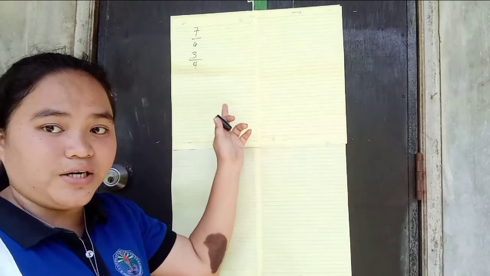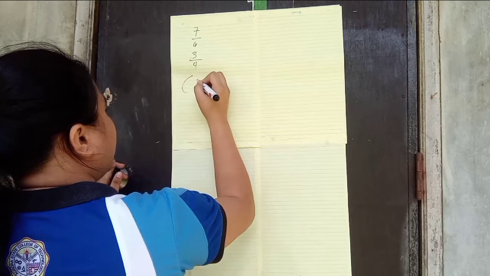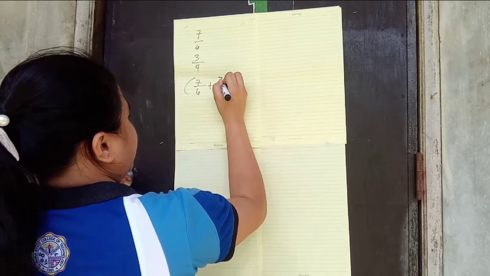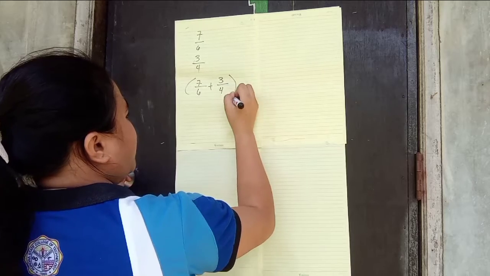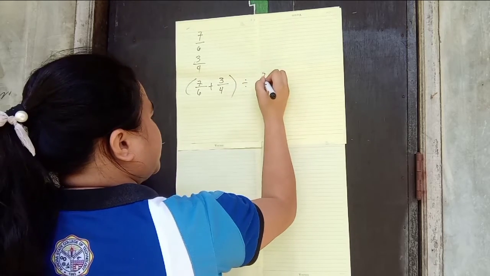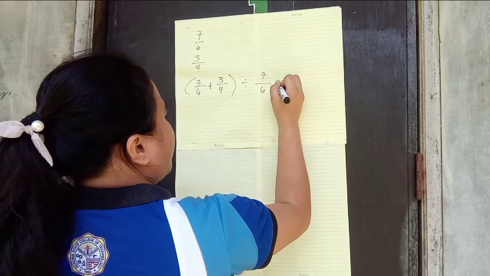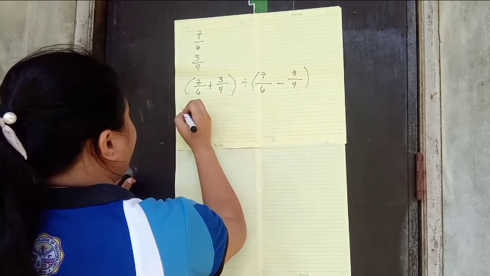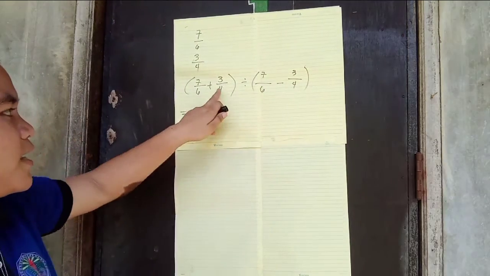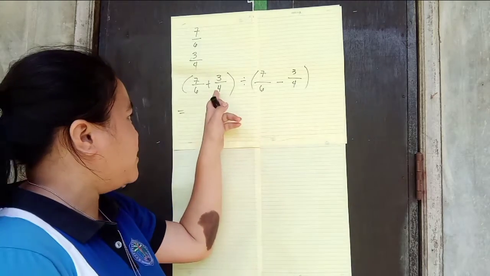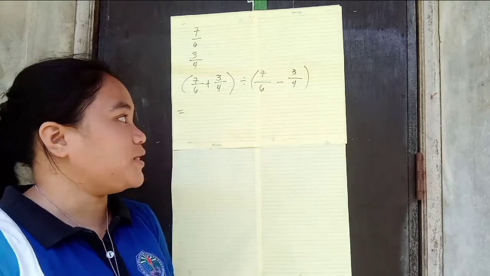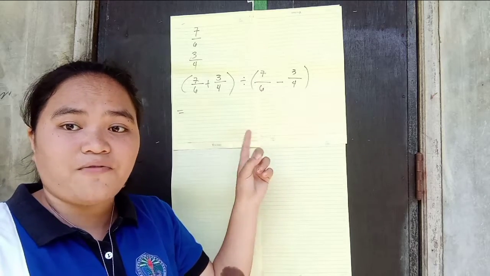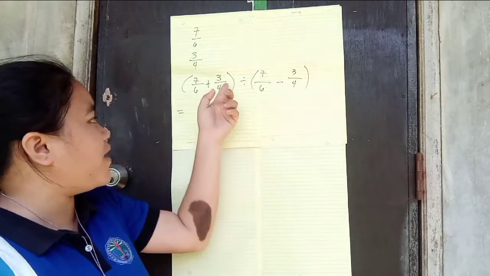Our solution here is 7/6 plus 3/4 divide 7/6 minus 3/4. So, ganyan po yung pagkaka-construct para makuha natin yung given answer na 23/5 or 4 and 3/5.